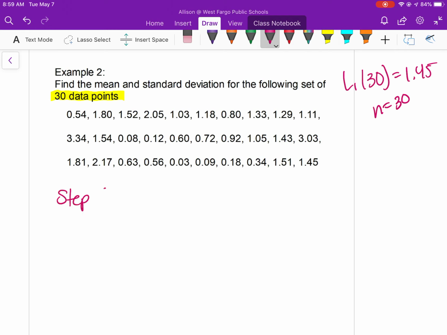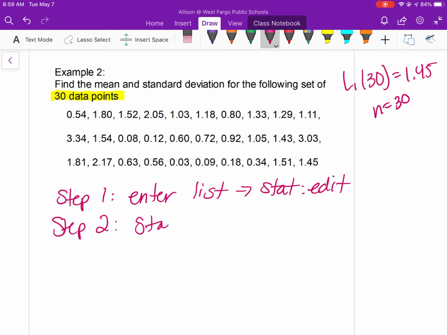Step 1, enter it in the list. And that's Stat, Edit. You hit Stat and then you hit Edit. Step 2, hit Stat and then go over to Calculate. And then you want to choose one variable statistics, which is like the first choice there.